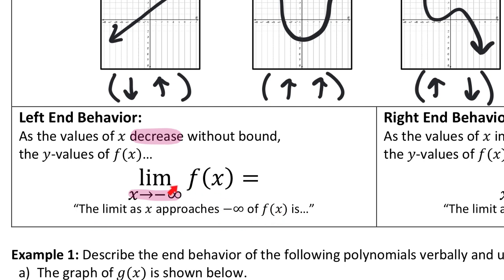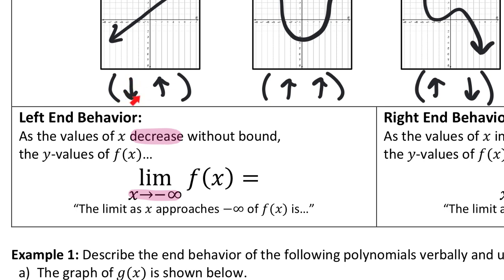So say it along with me. 3, 2, 1. The limit as x approaches negative infinity of f of x is blah, blah, blah. Okay, great. That's how we're going to talk about end behavior here. Now, up above this, all we did was write arrows. We said it went down, then up. All this limit statement does is it describes the left side as x approaches negative infinity.